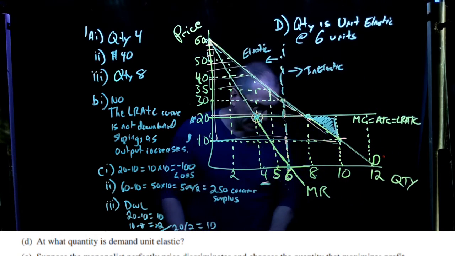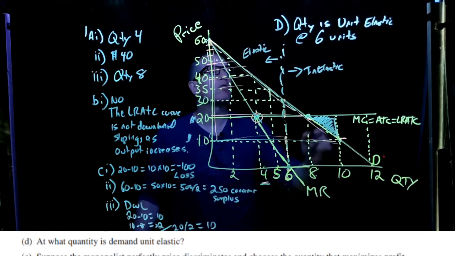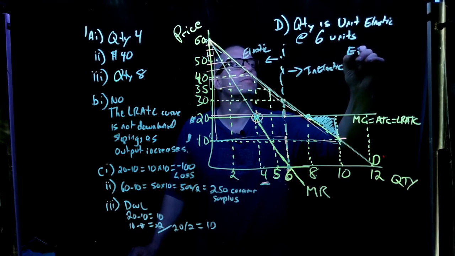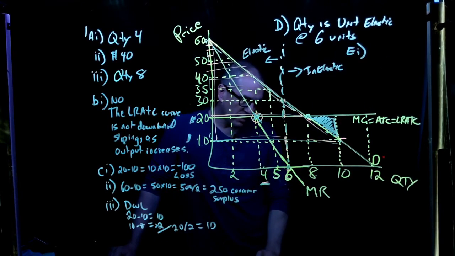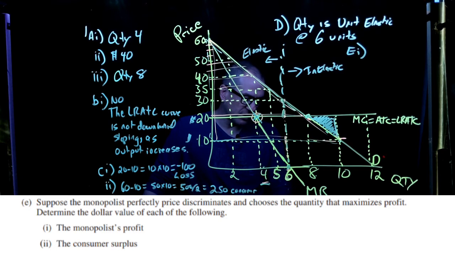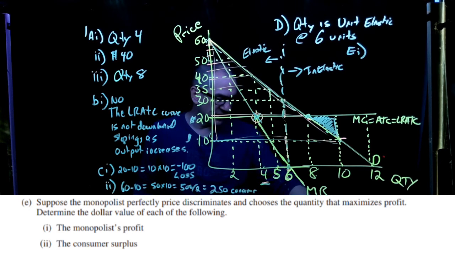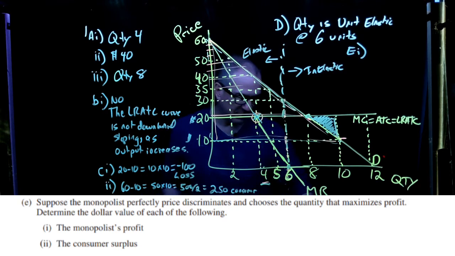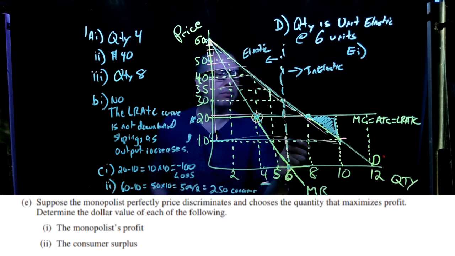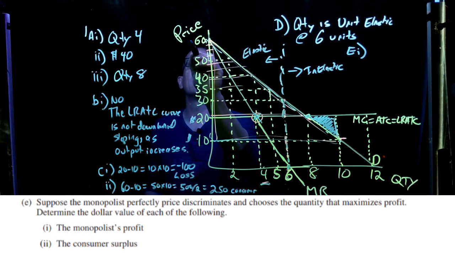For E, it asks 2 questions here. First question says, suppose that the monopolist is perfectly price discriminating and chooses the quantity that maximizes profit. Determine the dollar value of each of the following. Well, what's the monopolist's profit at this point? So the monopolist's profit at this point is going to be, they're able to sell units from 60 to 20.